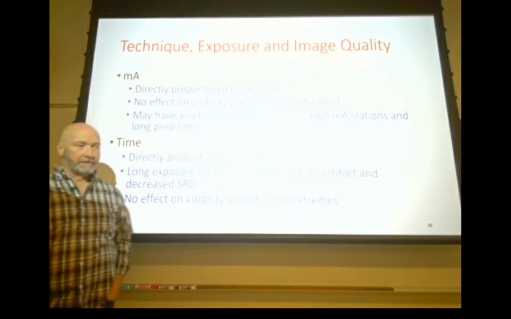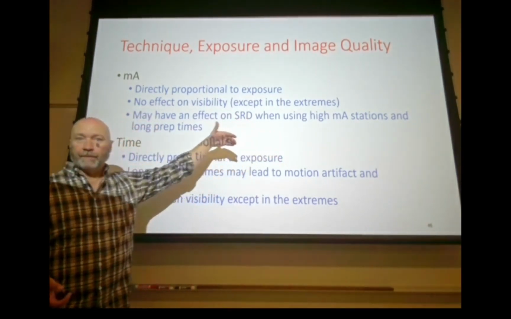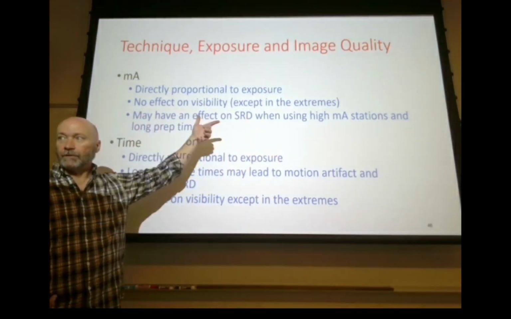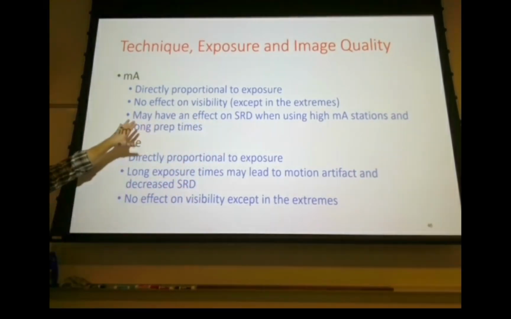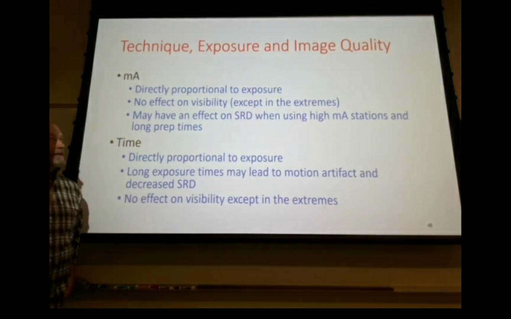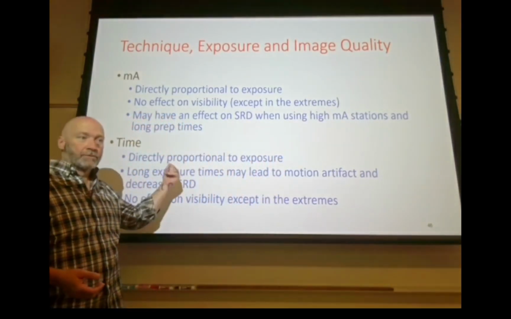For now, and until this changes to kVp, your answer on the test is always going to be you change your mass. So regardless of whether you change your mA or your time, you're going to change mass. It has no effect on visibility, but it can have an effect on actual sharpness.